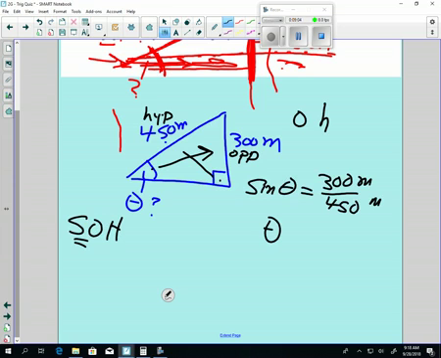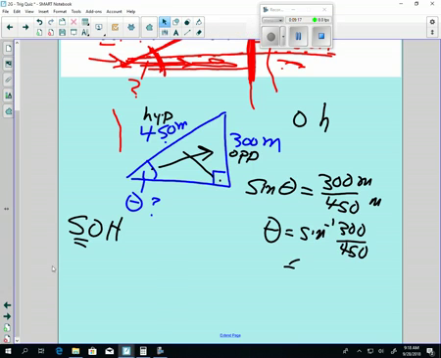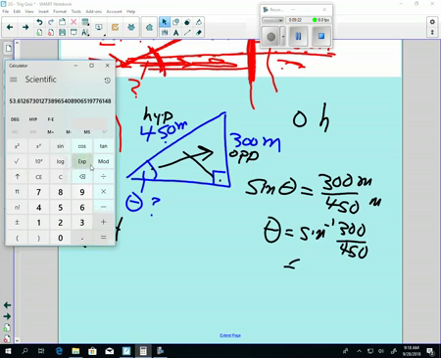In order to find that angle, we have to use the second function of this fraction. And our calculator does it for us automatically. The only thing we have to remember is that we're using the second function. So I'm going to clear this. Now, I have 300 divided by 450. There's my ratio.